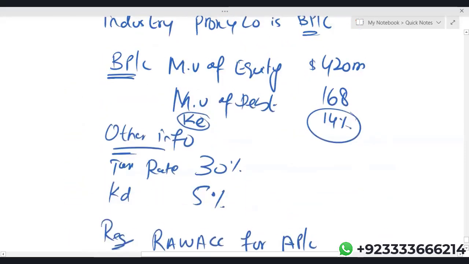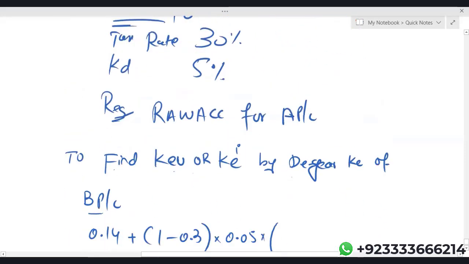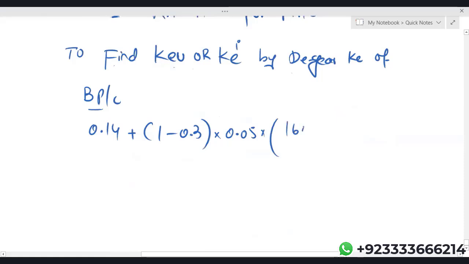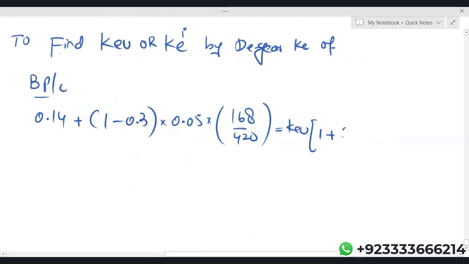Then market value of debt upon market value of equity, 168 upon 420, is equal to KU times 1 plus (1 minus tax rate) into VD upon V. VD is 168.